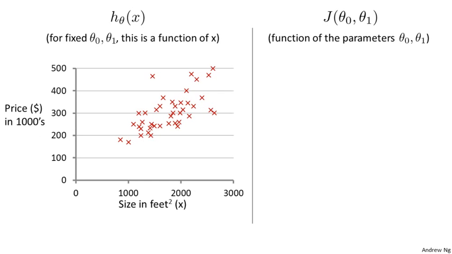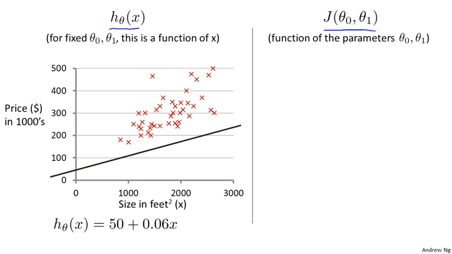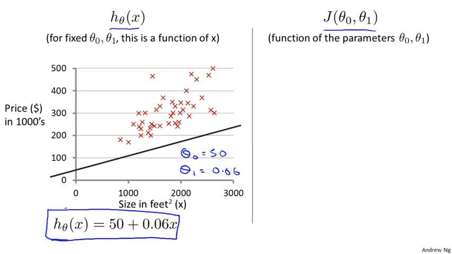So, same as last time, we want to understand the hypothesis h and the cost function J. Here's my training set of housing prices. And let's pick some hypothesis, like that one. This is not a particularly good hypothesis, but if I set theta 0 equals 50 and theta 1 equals 0.06, then I end up with this hypothesis down here, and that corresponds to that straight line.